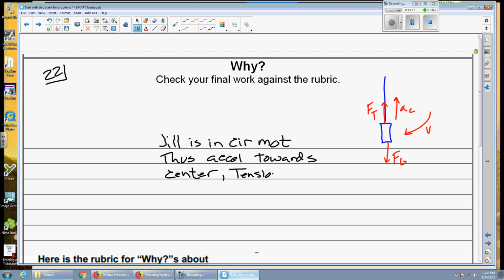Tension provides the net centripetal force. Good? Yes? No? Maybe?